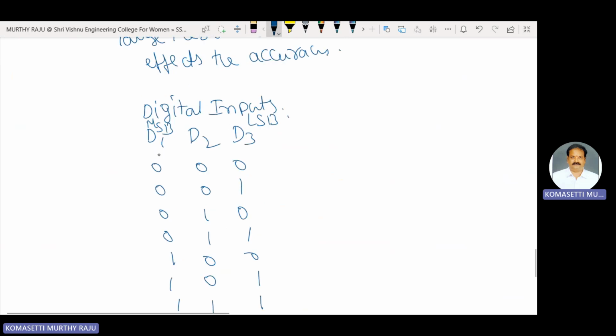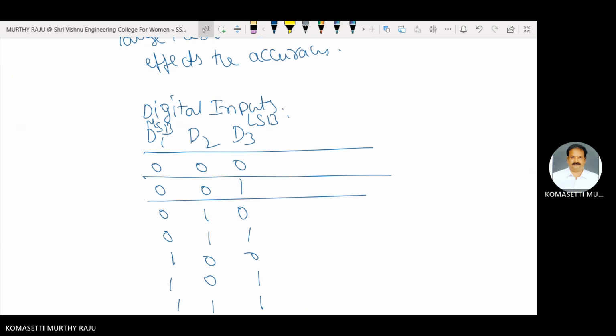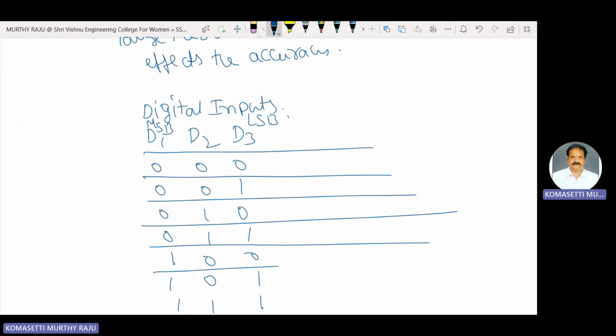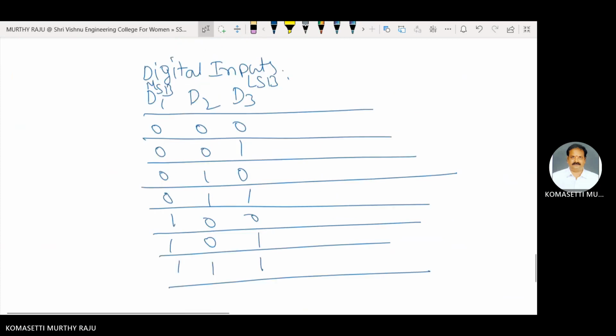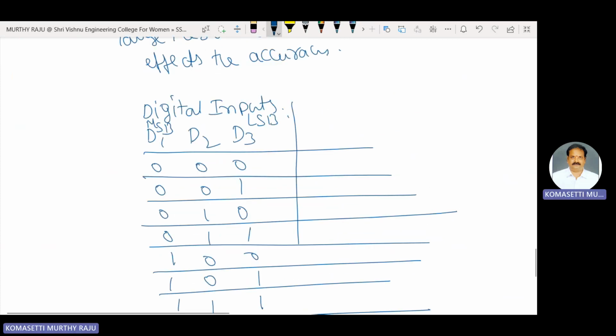The formula is used to calculate these analog output voltage values by using the weighted DAC.